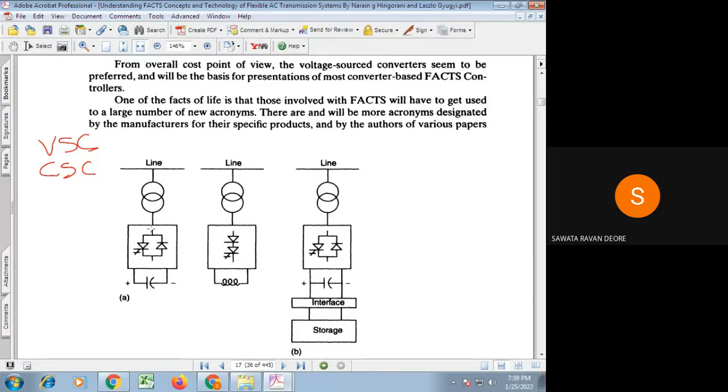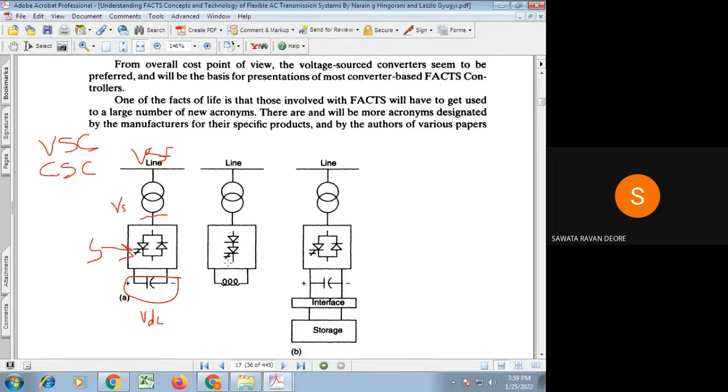Here, this is the figure for the voltage source converter, in which the DC side of the converter is provided with a small DC capacitor, and the voltage across that small DC capacitor, call it VDC, is transformed to the AC side of the converter as a VS, which is controlled by controlling the switching of your converter.